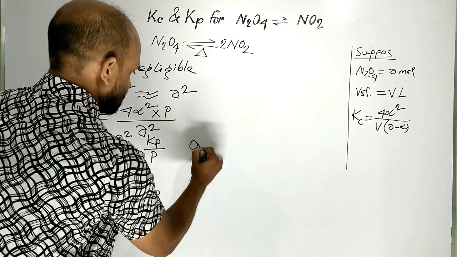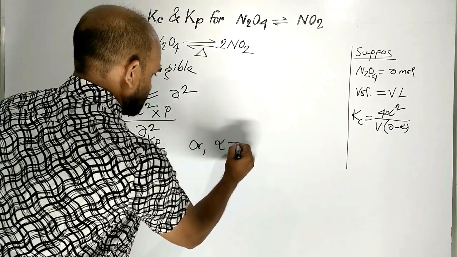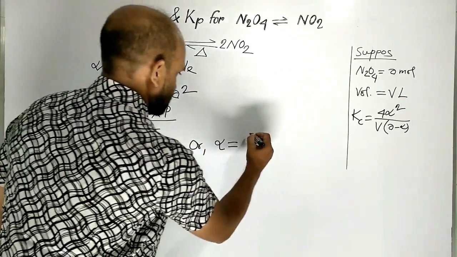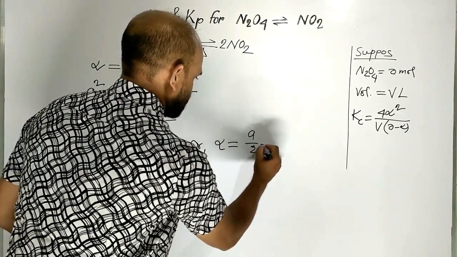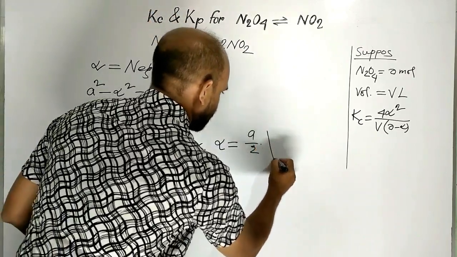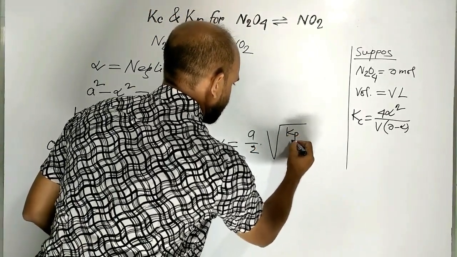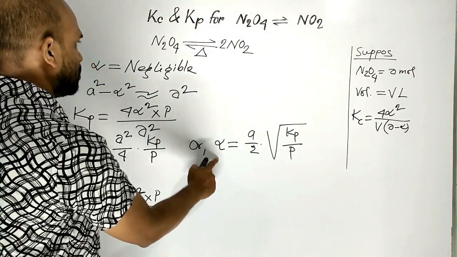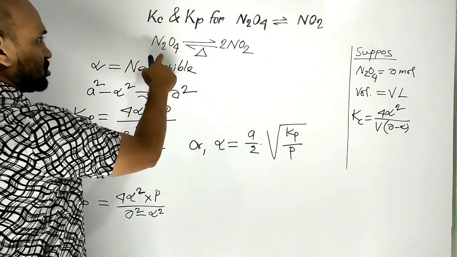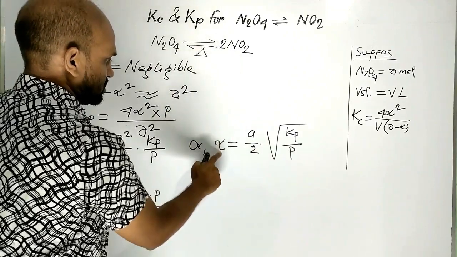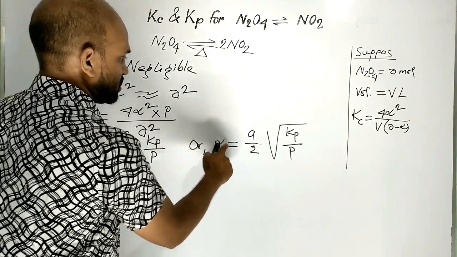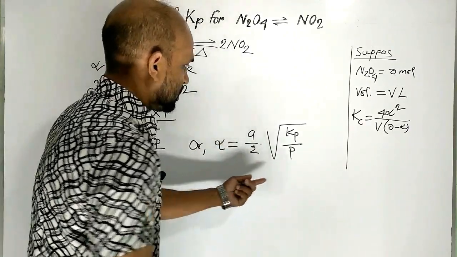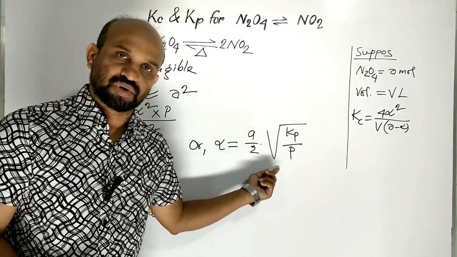Then alpha is equal to, we can write, A by 2 into root over of Kp by total pressure. Alpha, the amount of substance that is converted to product. This alpha is equal to A by 2 root over of Kp by pressure.